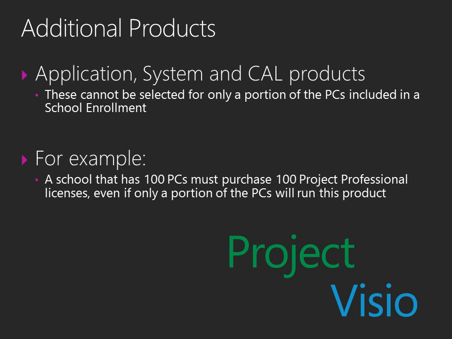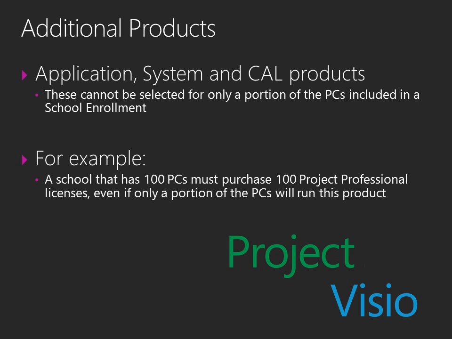Now, it is possible as well through the school's enrolment to purchase additional products. So if we think of the desktop products that we looked at on the previous slide, you have to cover your eligible machines with at least one of them. The additional products are optional purchases on top, and these are the other products that sit in the applications pool, the systems pool, or the service pool, so Project, Visio, that type of thing.